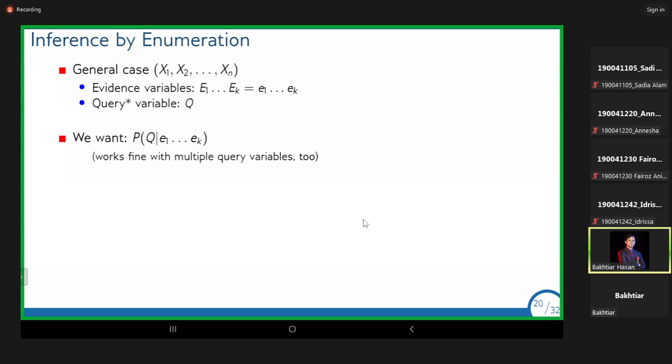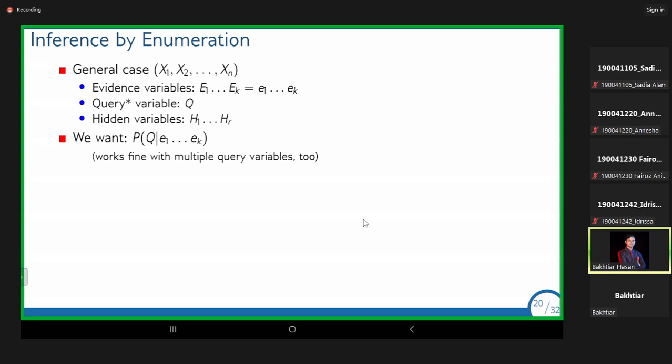There's another class of variables: variables that we don't know, so they are not evidence variables, and we also do not care about them, so they are not query variables either. These are called hidden variables. For example, in the Ghostbusters case, the sensor's value at a position that we haven't sensed yet is a hidden variable.